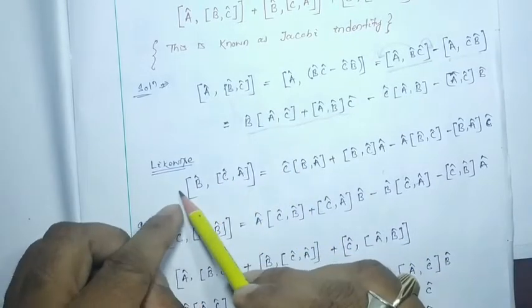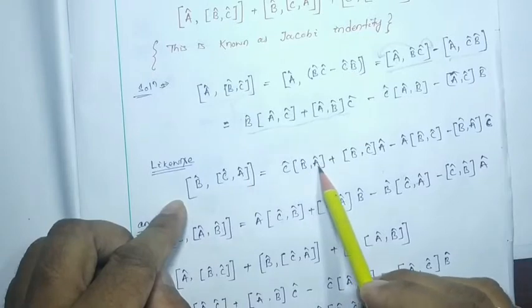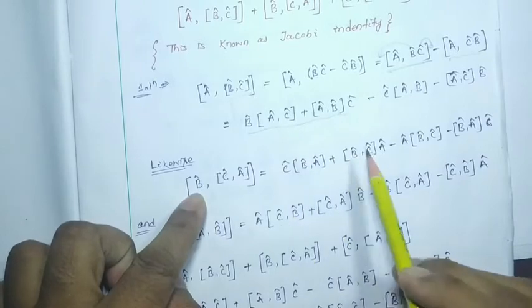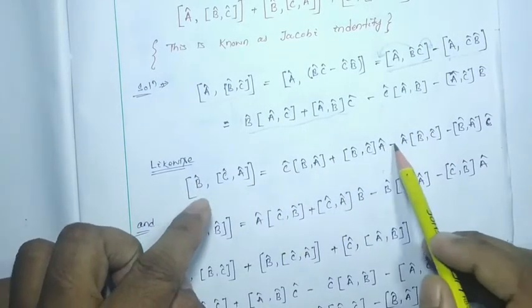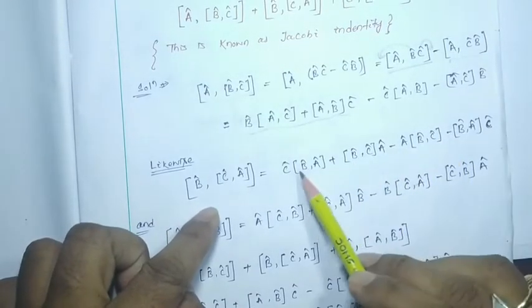The c cap will go outside, b cap c cap b cap a cap commutation, plus a cap will move to this side and b cap c cap will be there, b cap c cap commutation a cap, minus just the reverse of this term and the reverse of this term.